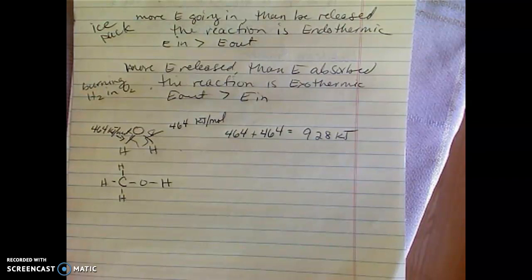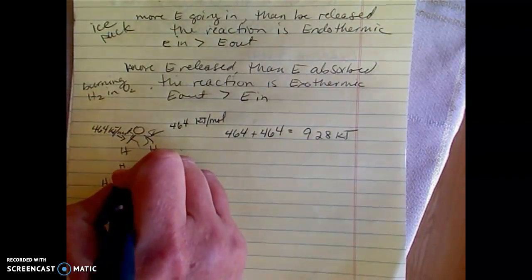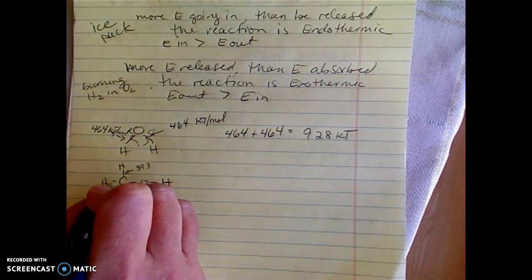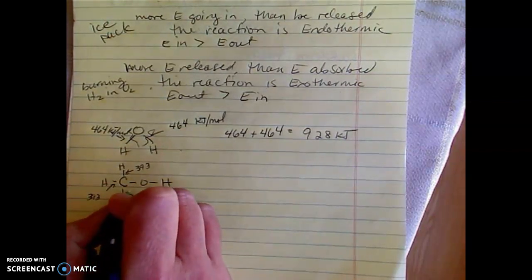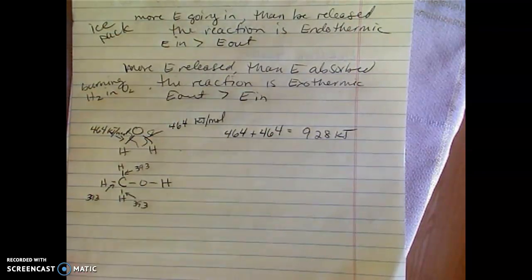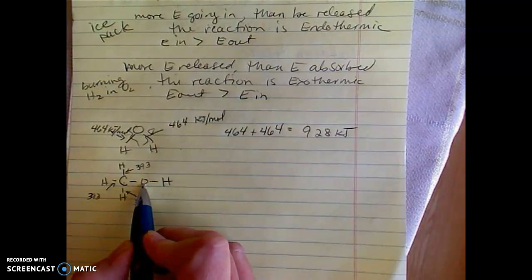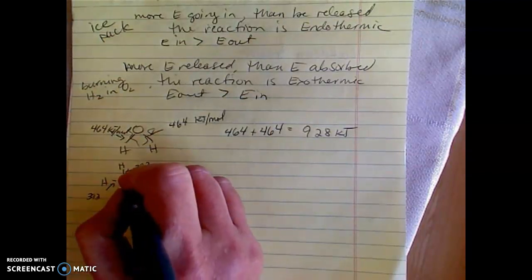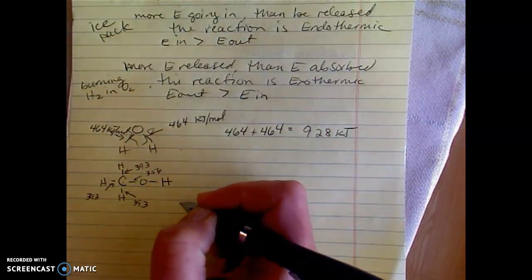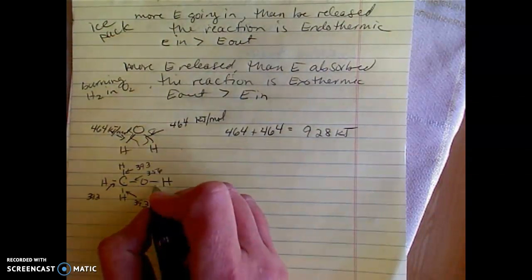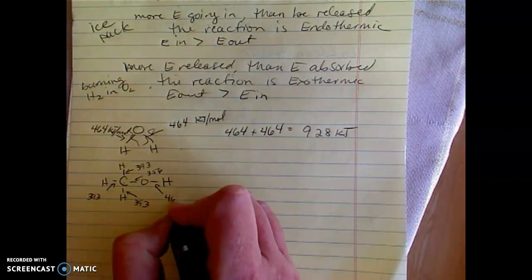When we look up CH, it is 393, and then that means the CH would be 393, and the CH would be 393. Then you would look up the bond for C and O. To break the bond of CO, that would take 356 kilojoules, and then again, like above, the OH bond would take 464.